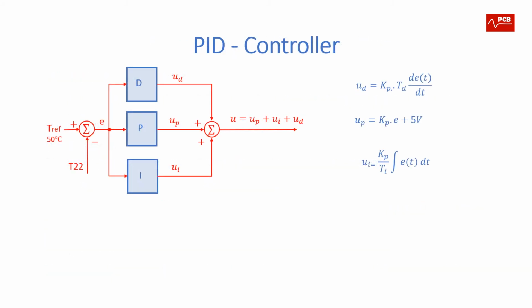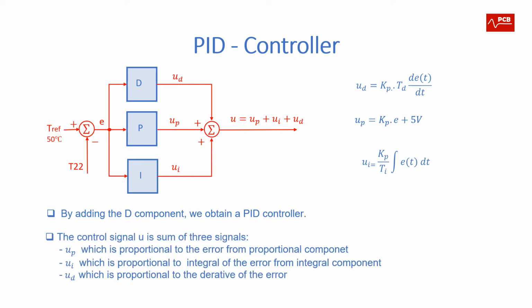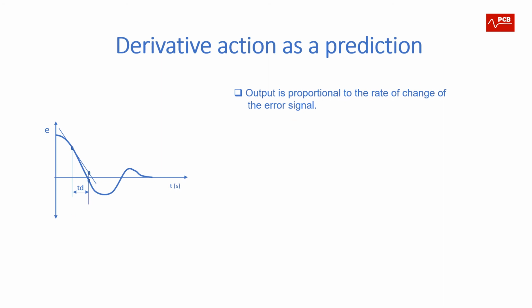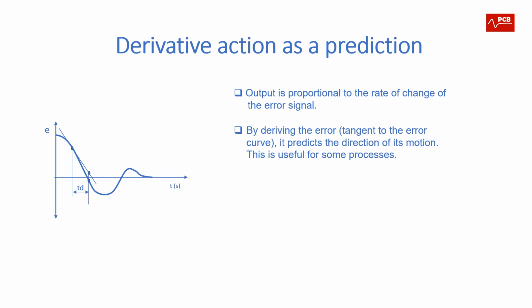By adding a D component to a PI controller, we obtain a PID controller, with D as a derivative component, and it is proportional to the derivative of the error. The output of the D component is proportional to the rate of change of the error signal.